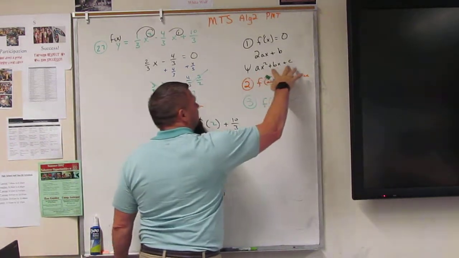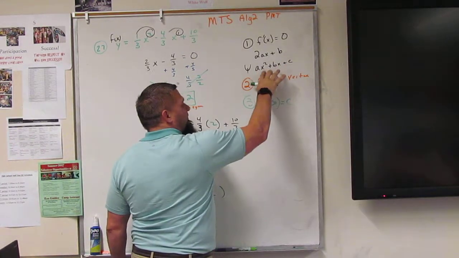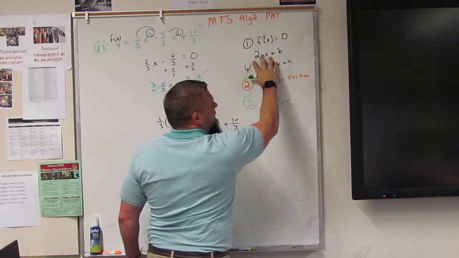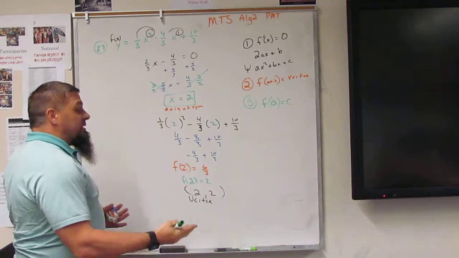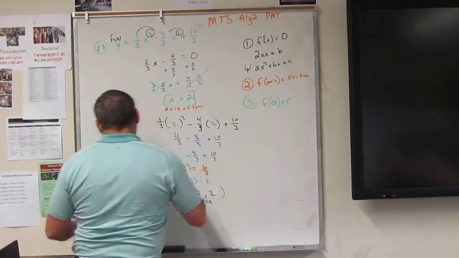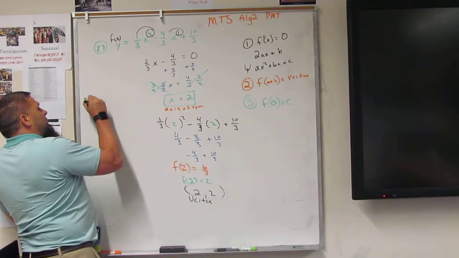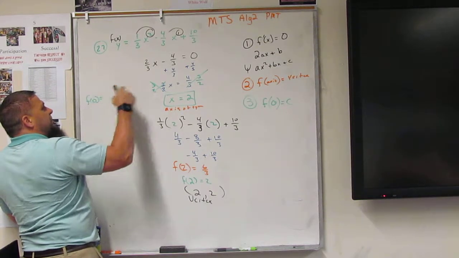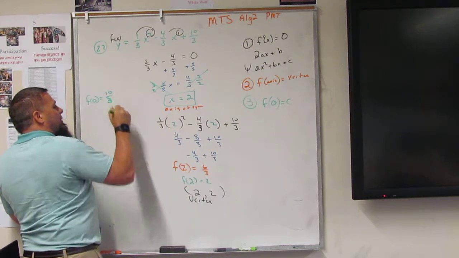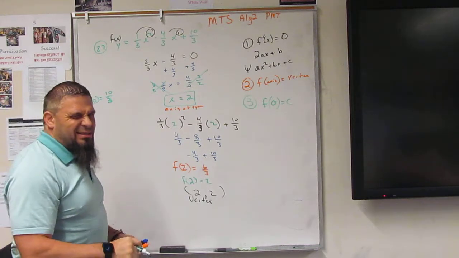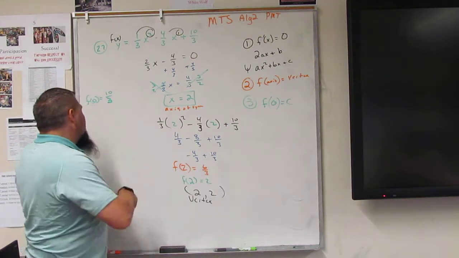If you take a look at this equation, if I plug in 0 for x, they go away, and I'm left with just c every time. Makes it really nice. So f of 0 is equal to c, which is 10 over 3. It's kind of a nasty number, but it's not that bad.